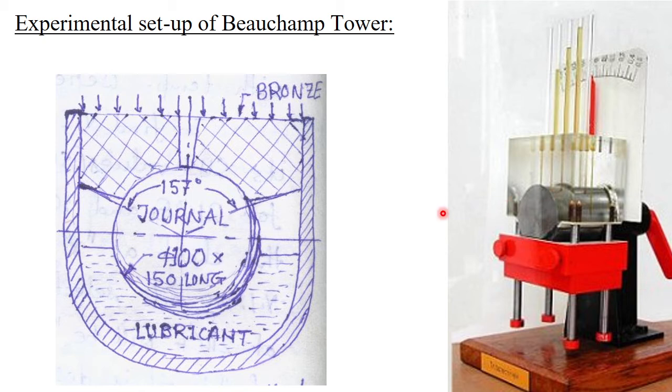So what is inside? This is not a full bearing, it is a partial sector bearing. The bearing diameter was 4 inch, roughly 100 millimeter. The length was 6 inch, 150 millimeter. There was lubricant. The load was given here. This is the bronze. What are the materials, other things you will get if you see those things.